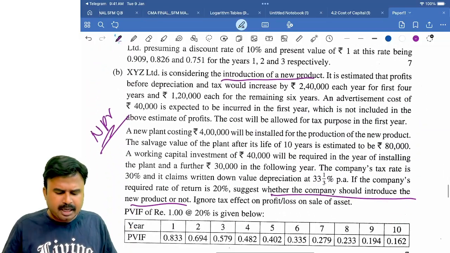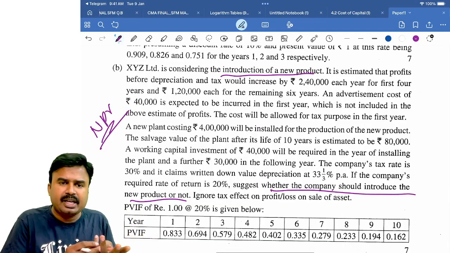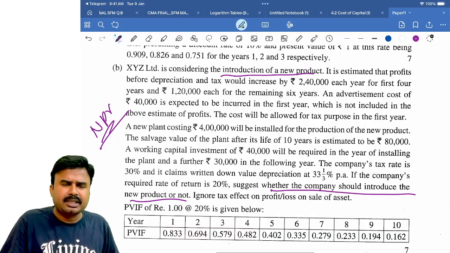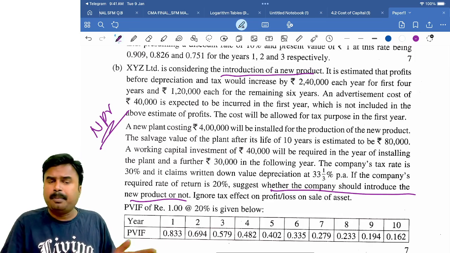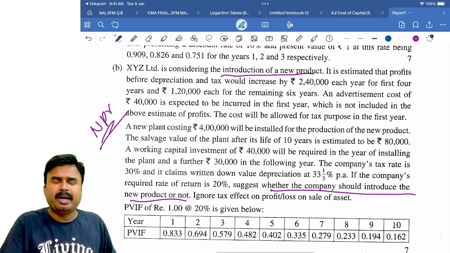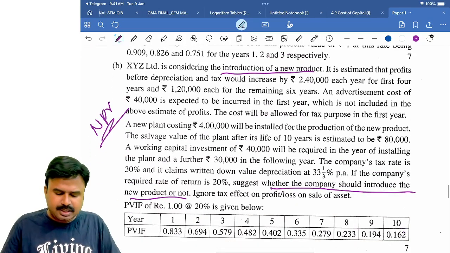And 5B is supposed to come from equivalent annualized cost or annualized NPV or some other concept, like capital rationing. They're supposed to ask these questions, but fortunately or unfortunately, they have asked another question from NPV only. So if you are good at NPV computation, you can handle this question also.